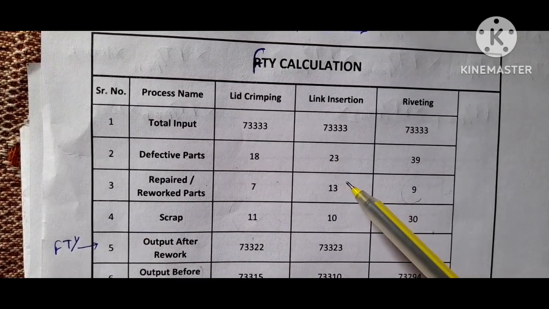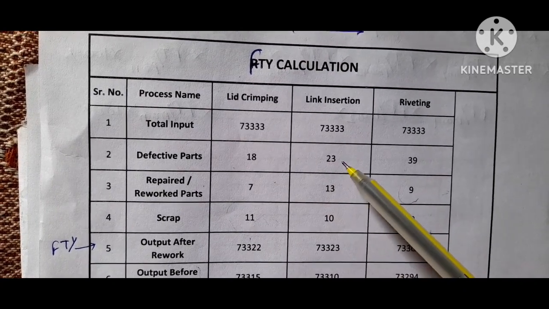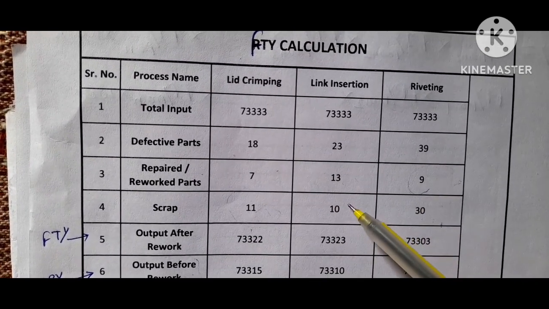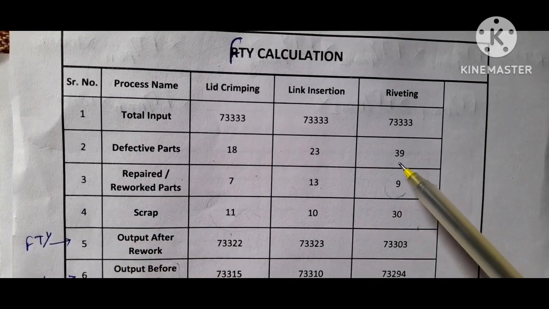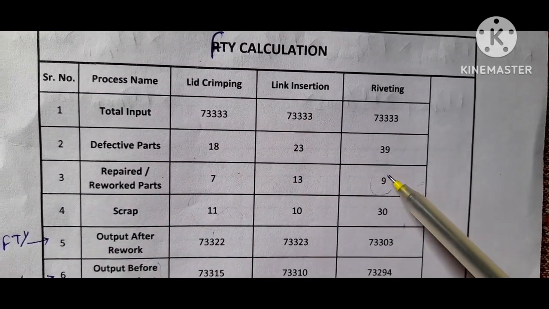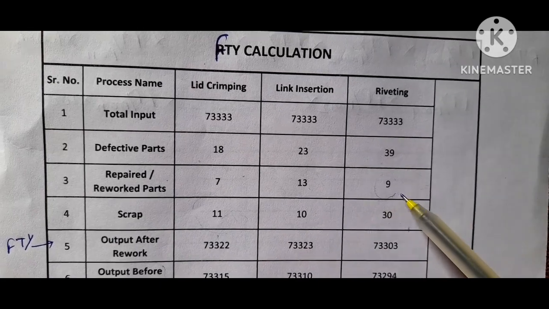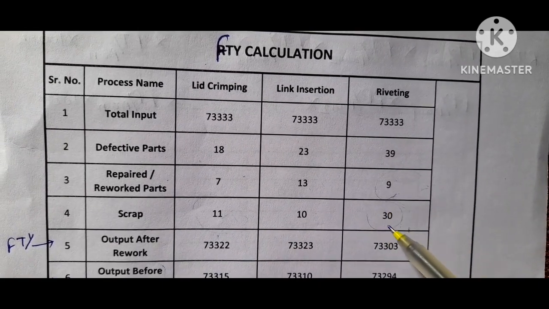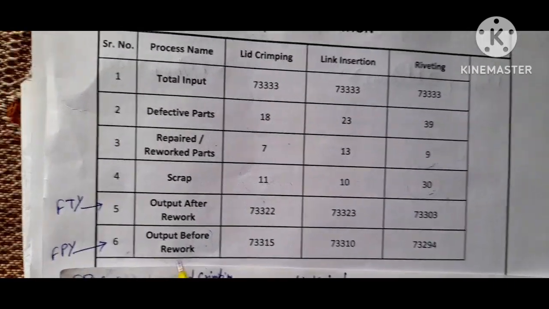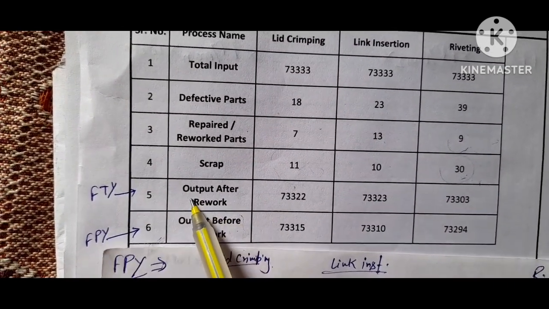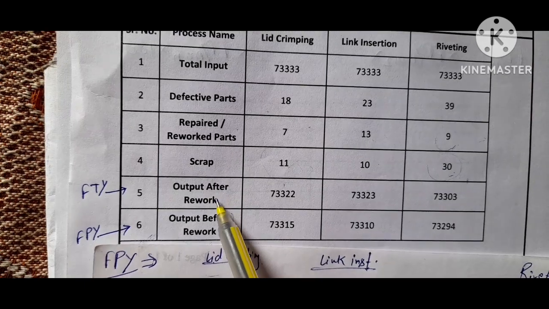Out of 23, 13 parts are okay, so 23 minus 13, only 10 parts are rejected and scrapped here. And here, 9 out of 39 parts are okay, and the total remaining 30 parts are scrapped. So friends, the values given here are the output after rework.